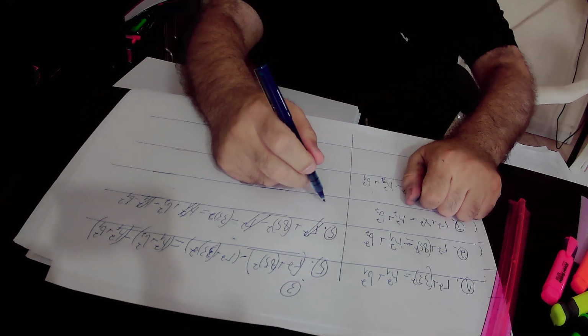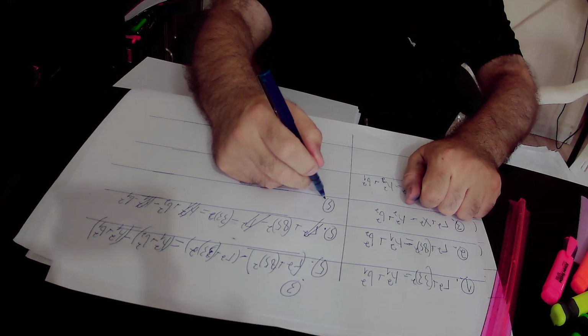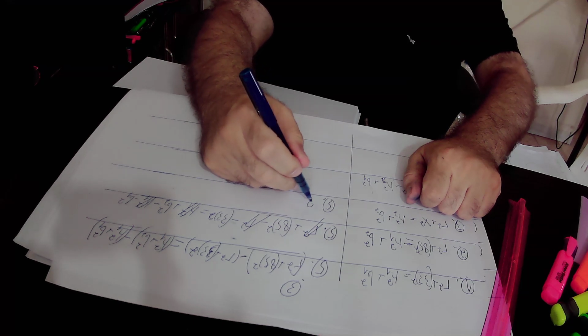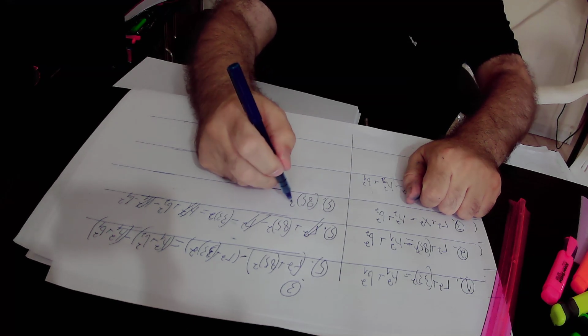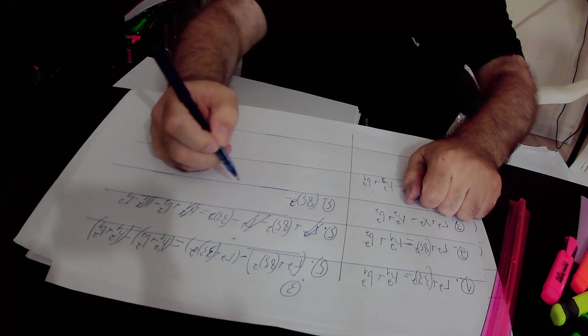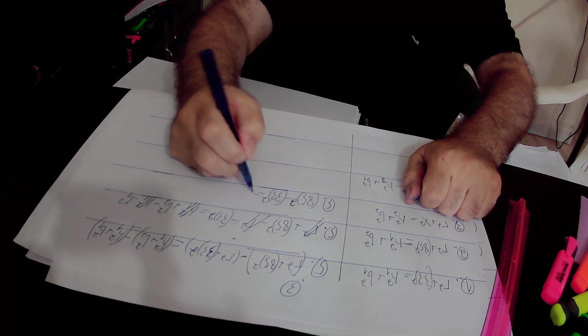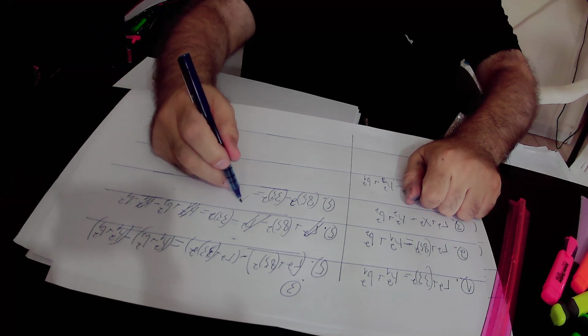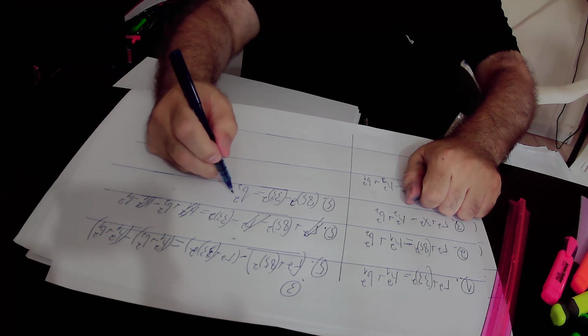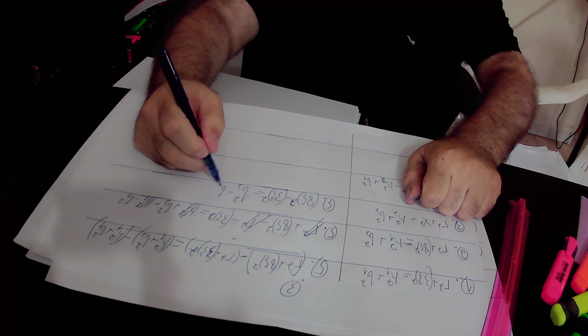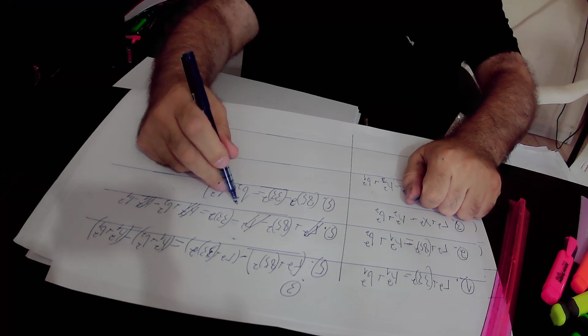In conclusion, according to equation number 5, 85 square minus 33 square is equal to b2 square minus b1 square. Okay.